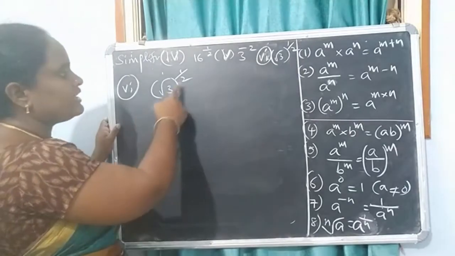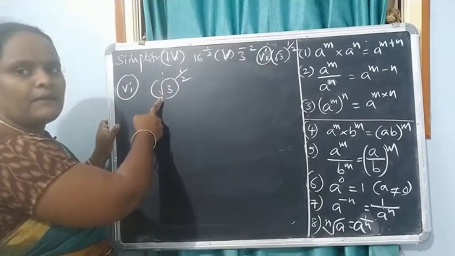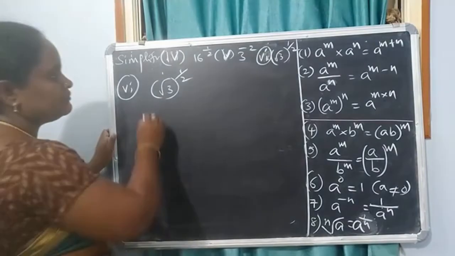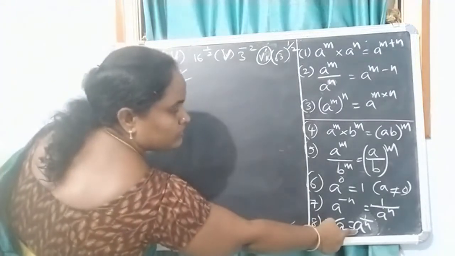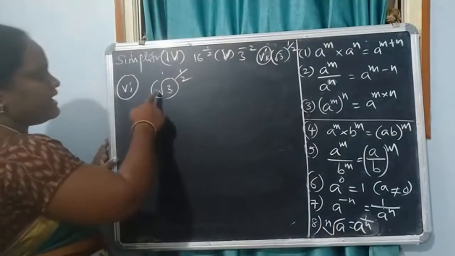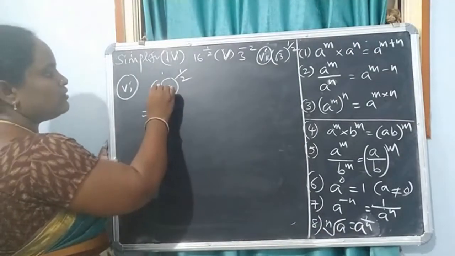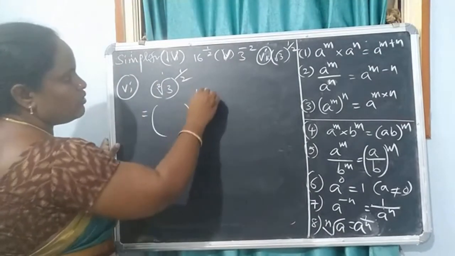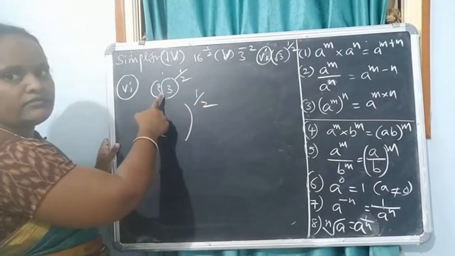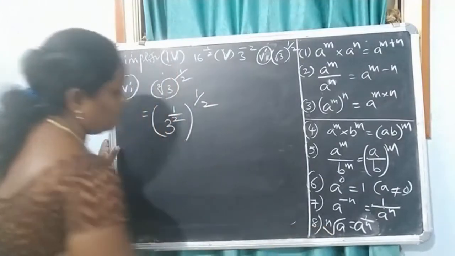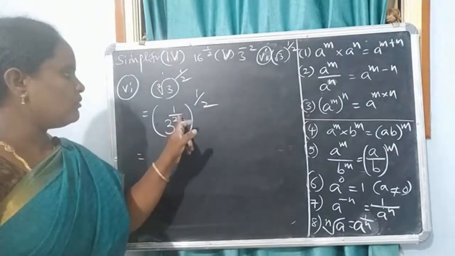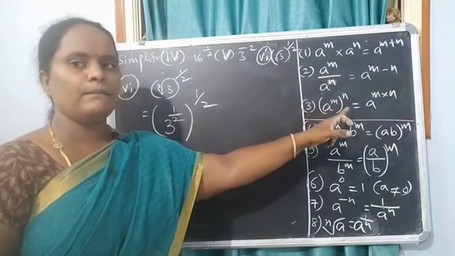Sixth question, root 3 whole power 1 by 2. Here I have taken the base as an irrational number. So here nth root can be converted into exponential form. So what is the order here? There is no number, so 2 is there. Let us write this whole power 1 by 2. So square root of 3 can be written as 3 power 1 by 2 using this formula. Now here we have a power m whole power n, that is a power m into n.